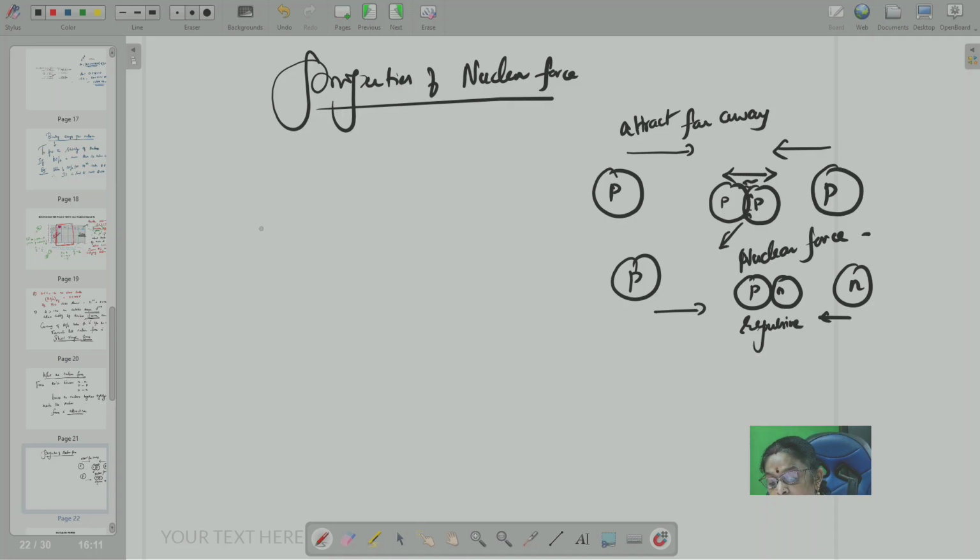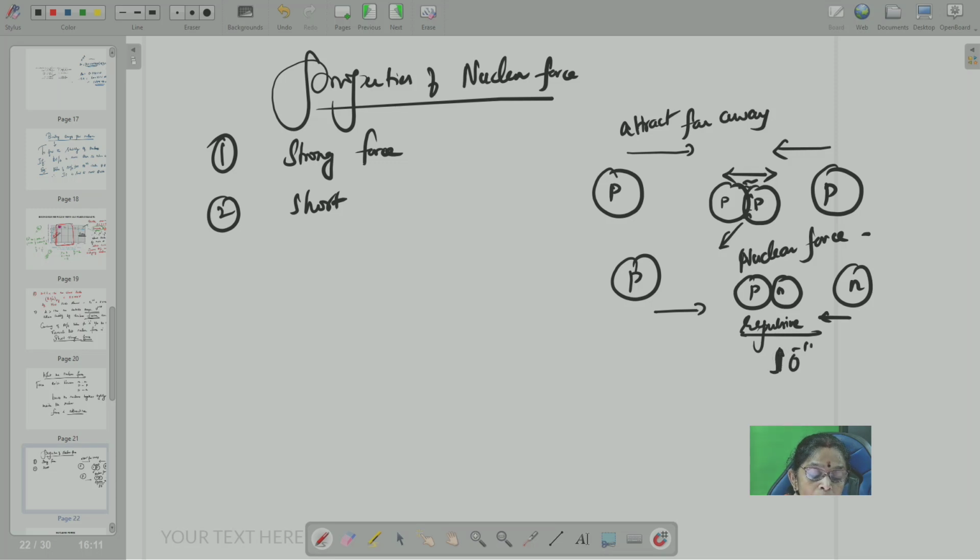So these are the properties of nuclear force. It is a very strong force, and it is a short range force because it exists only up to a certain femtometer, 10 power minus 15 meter. After that it weakens. When the nucleons are far and far away, the nuclear force is not that intense.